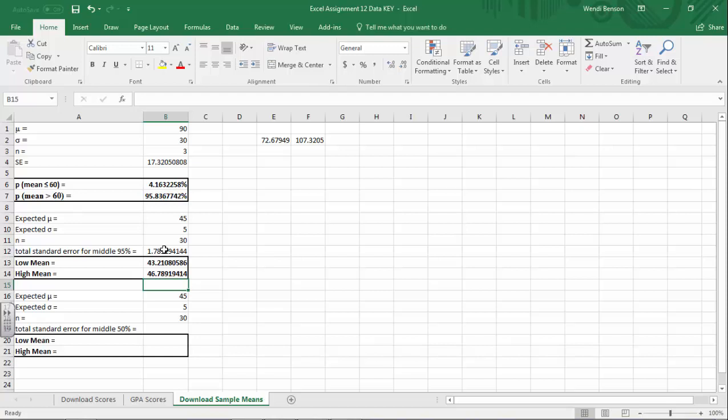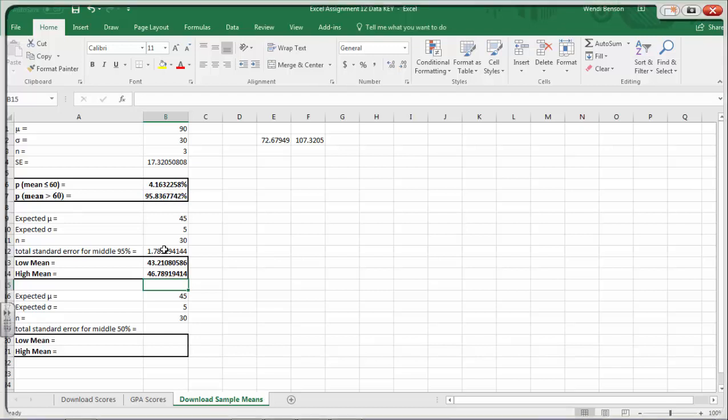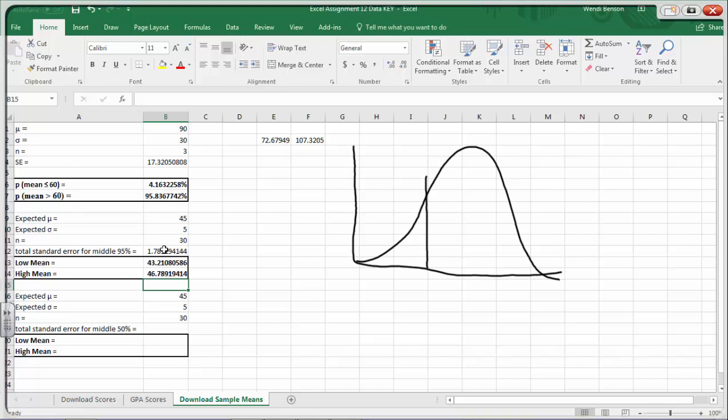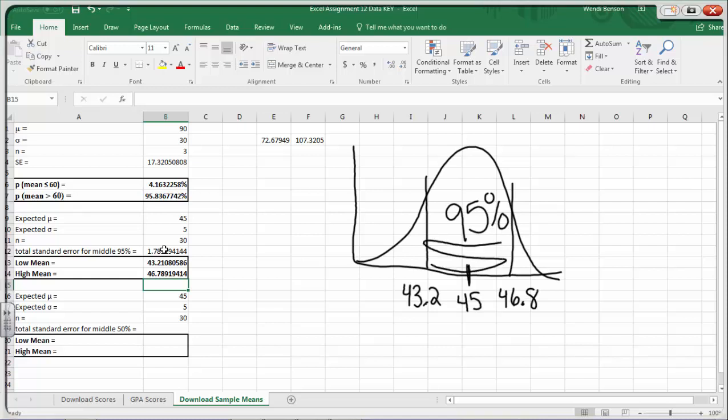Let's go ahead and visualize this real quick. So if we go here and we look at the middle 95%. And of course the midpoint in this is 45 according to that software developer. So we'd have like 43.2 and 46.8 right here.